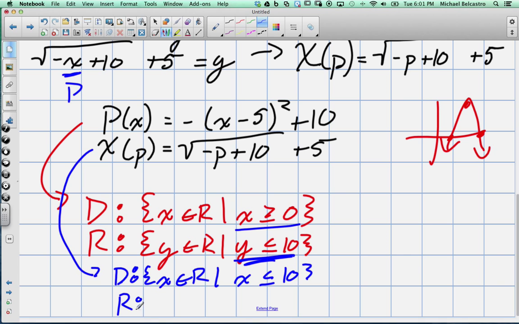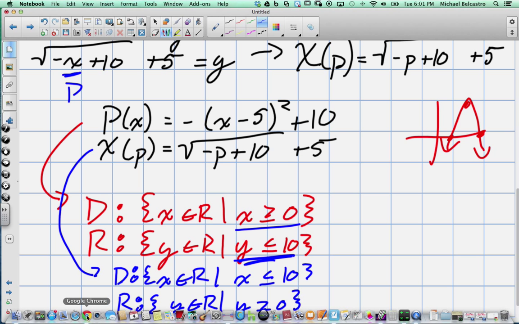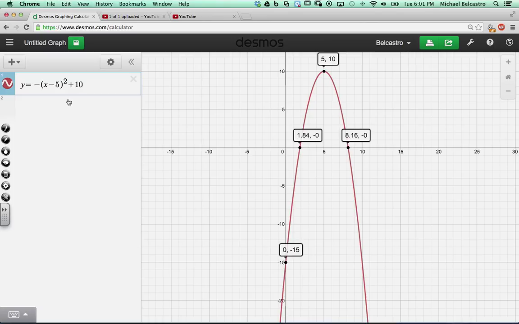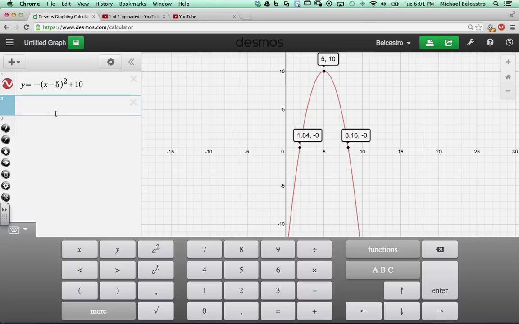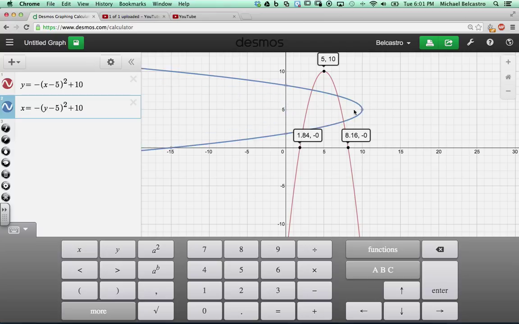And our range, and I'll write the actual function in our graph there, is such that y is greater than or equal to 0. Okay, so to prove that, we'll write our function in. Hopefully you can help me remember it here. Actually, I'm just going to invert these values. So I'm going to say x is equal to negative (y minus 5) to the power of 2, plus 10.